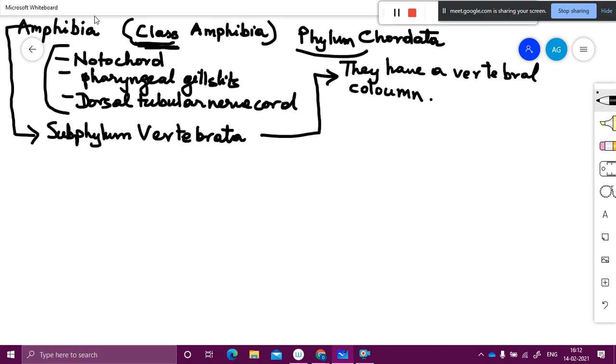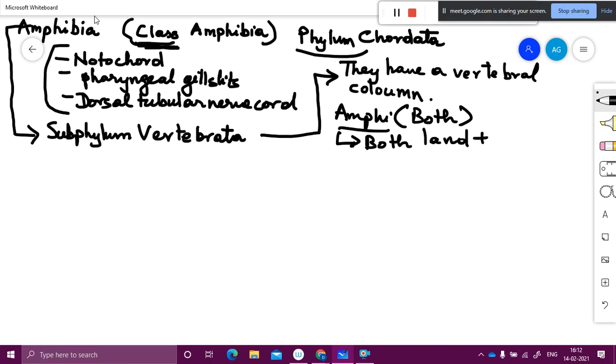So the word amphi means both, and that is both land plus water. They are both land and water.